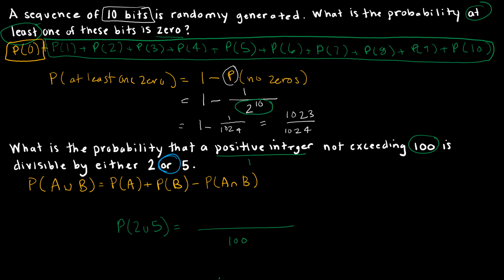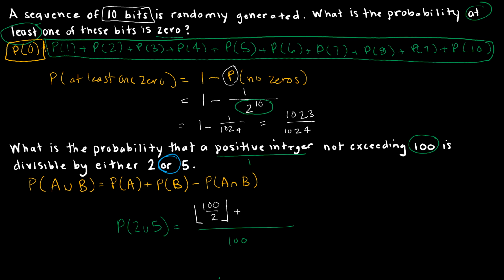And now I need to find my numerator. So my numerator is how many values are divisible by 2. And here we actually get to use the floor function. So we've talked about the floor function before. 100 divided by 2, floor function, will give me the number of integers divisible by 2.